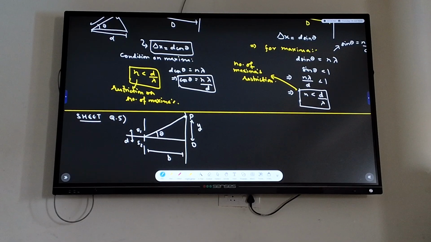Incorrect. Say. 11 maxima, 10 minima, incorrect. 11 maxima is correct.